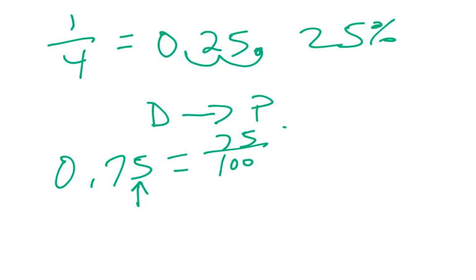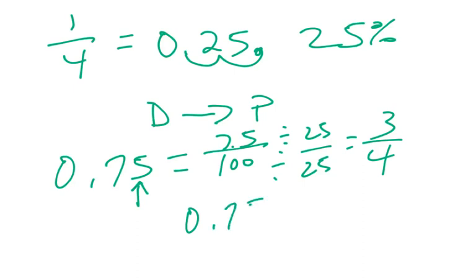I would do that by dividing by 25 over 25, right? 75 divided by 25 is 3. 100 divided by 25 is 4. 3/4 is what 0.75, 75 hundredths, is as a fraction. Now, if I want to turn 75 hundredths into a percent, again, I'm going decimal to percent. I'm going to move 2 place values to the right. That's 75%, okay?